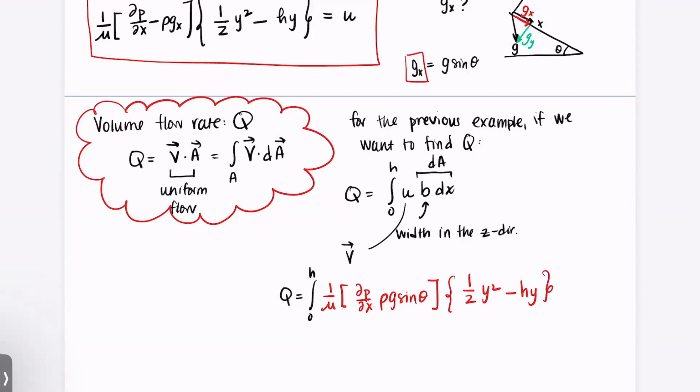This is a curly bracket. This is a minus sign. Okay. And then we have our Z direction width and then dx. So now I'm just going to integrate this.